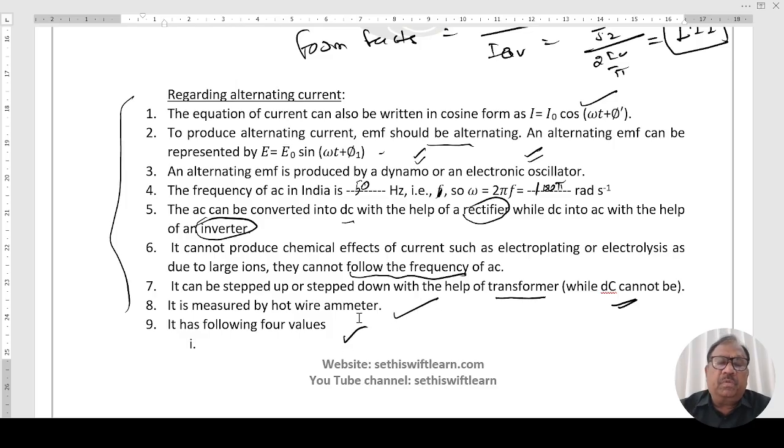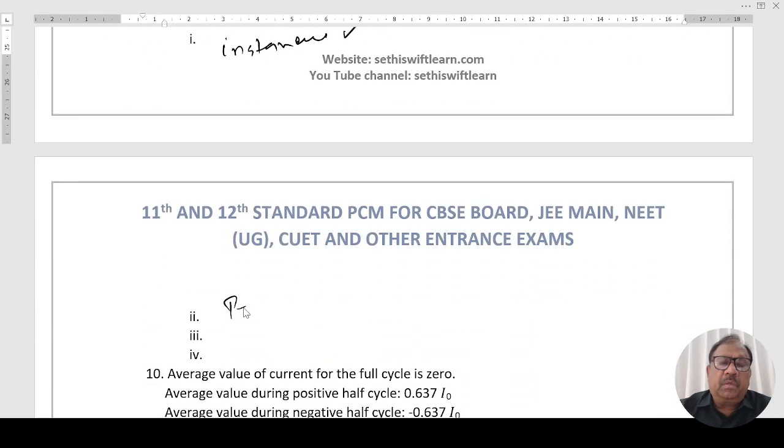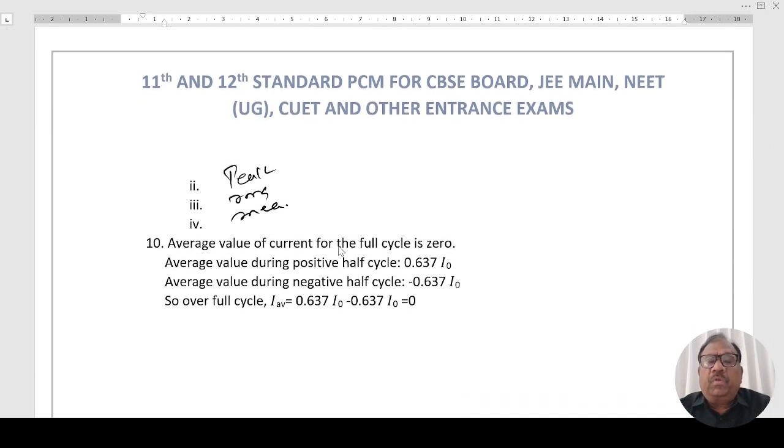It has four values. One is instantaneous, one is peak, one is RMS, one is mean. Average value of current for full cycle. The initial definition we had given was for half cycle.